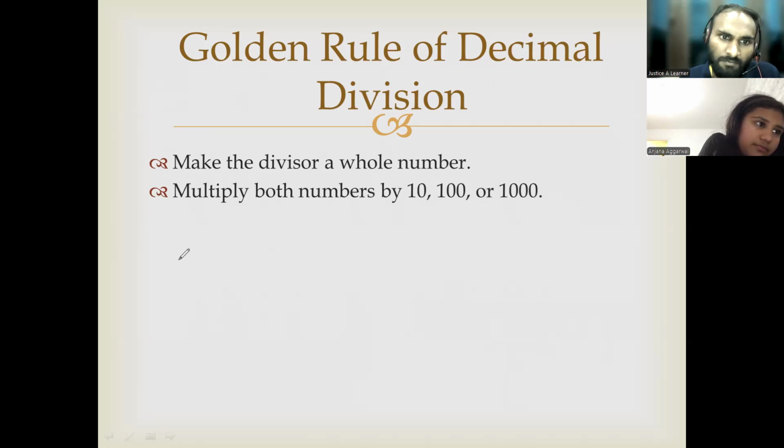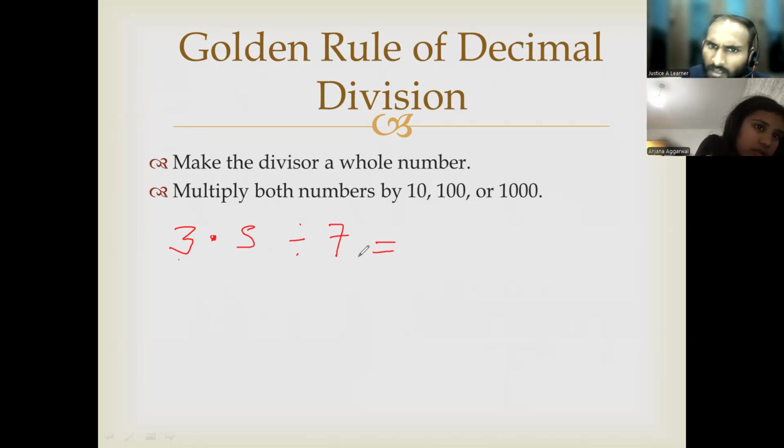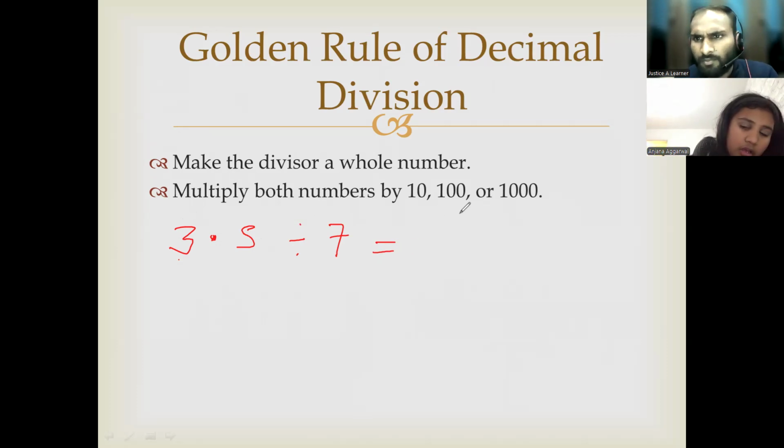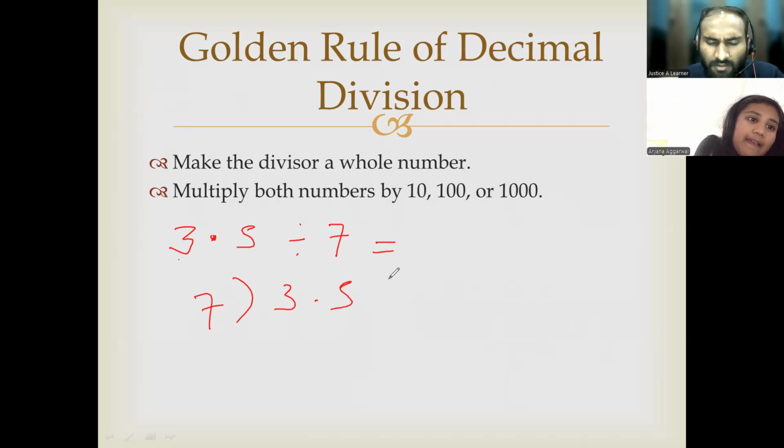Let me pick a question that says 3.5 divided by 7. This is a very easy question. We will be able to solve it in two ways. The first way is to directly divide like this, you already know this division method. So 7 5s are 35, so we write 35.